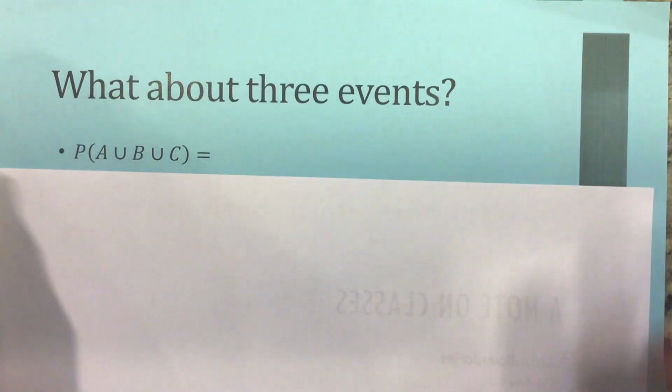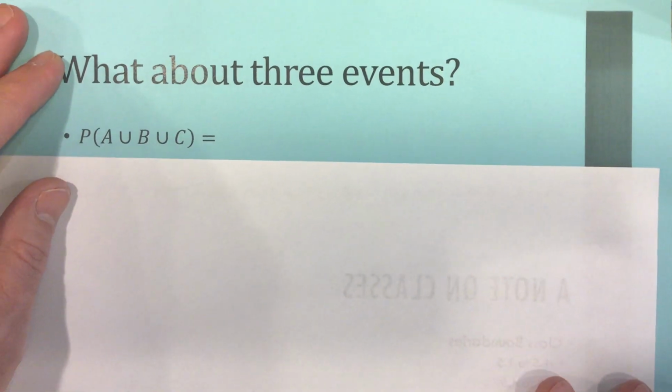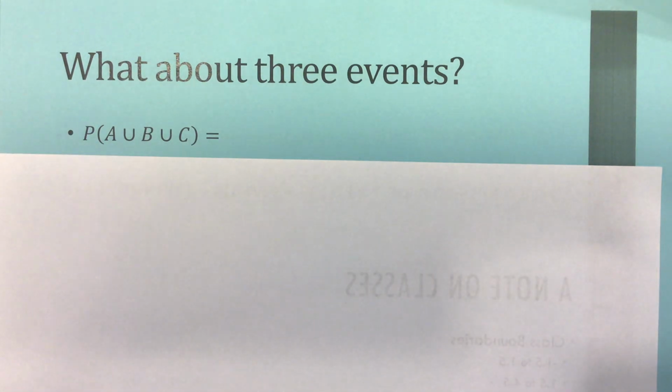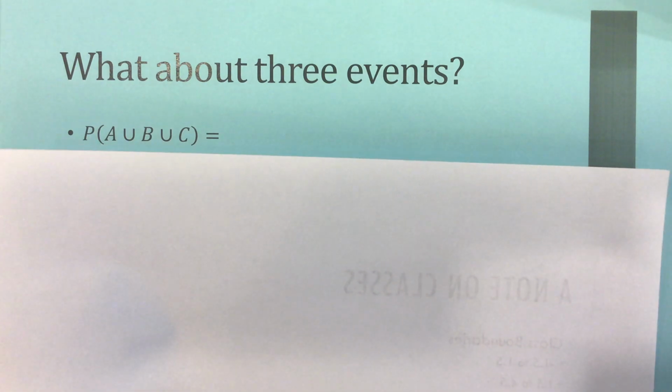Okay, now what if I have 3 events and I want to find the union of 3 events? How could I do that? Okay, pause the video, take a sec, see if you could think of a way to do that.